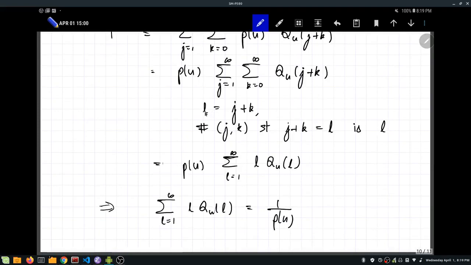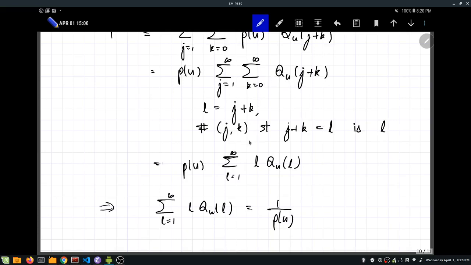Now I want to do a change of variable to convert this double summation into a single summation, because after all q_u is simply a function of j plus k and not j comma k separately. If you look at the number of pairs of j comma k which give a certain value of j plus k, fix any L from 1 to infinity, the number of jk pairs which result in j plus k equal to L turns out to be simply L. I leave that to you as an exercise.